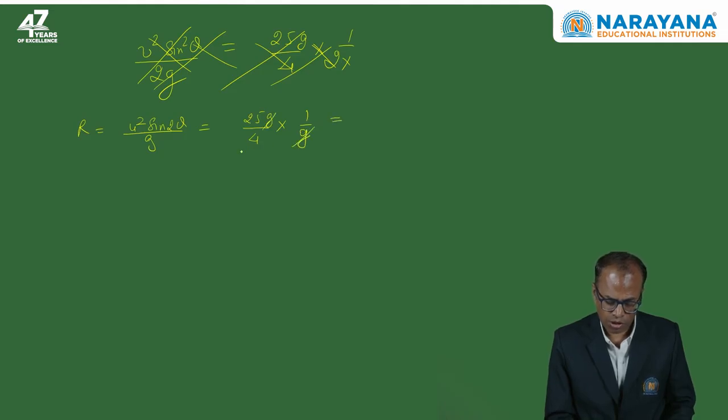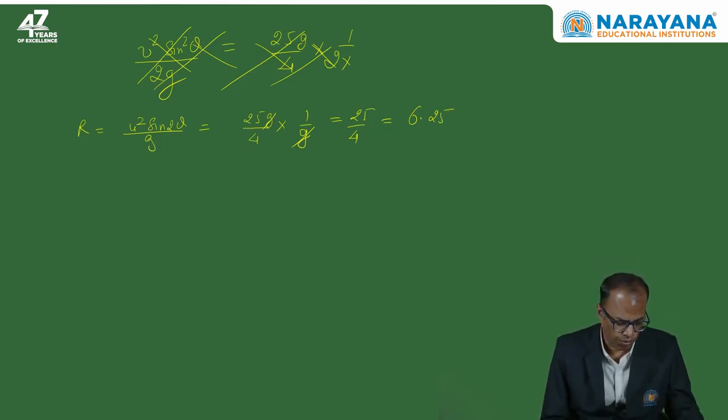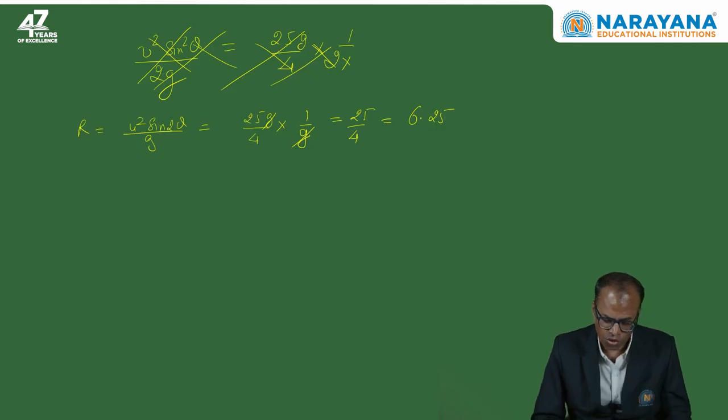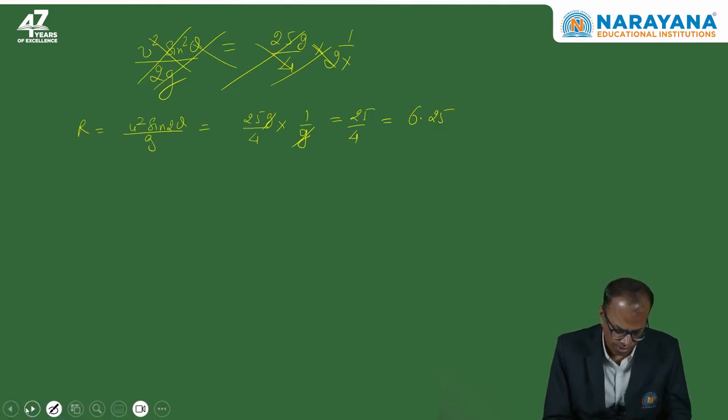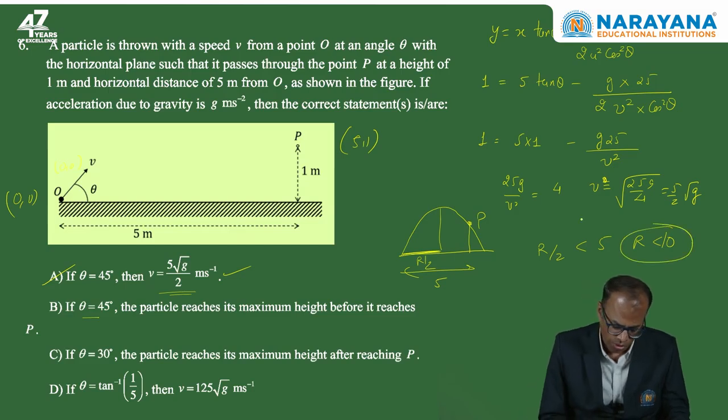So range is 25 by 4, which is something like 6.25. So the range is 6.25, and clearly this is less than 10. That is what we wanted. Yes, so if theta is 45, the particle reaches its maximum height before it reaches P.